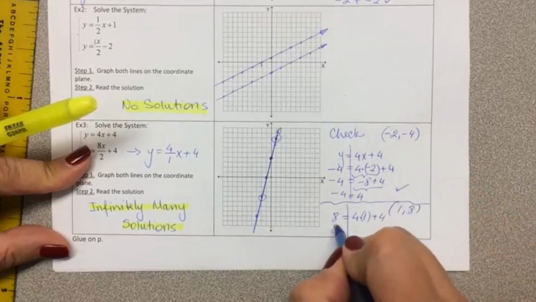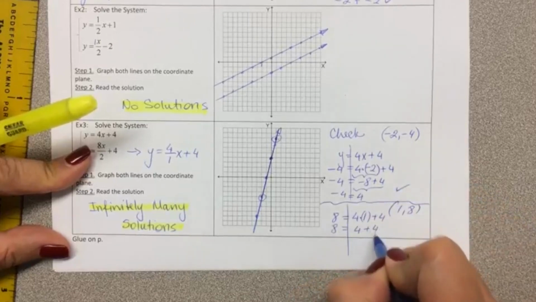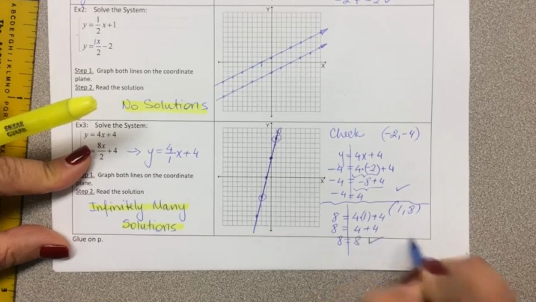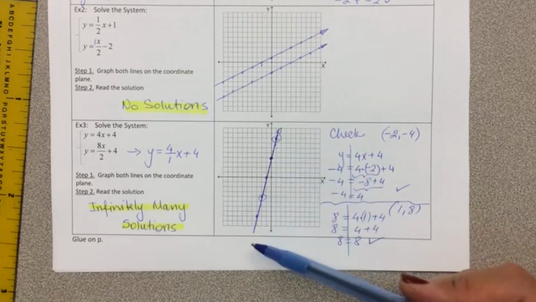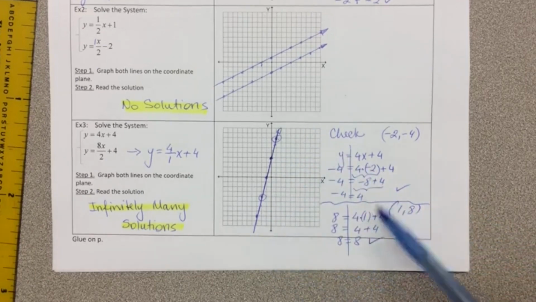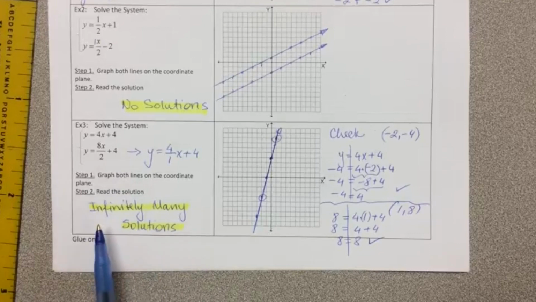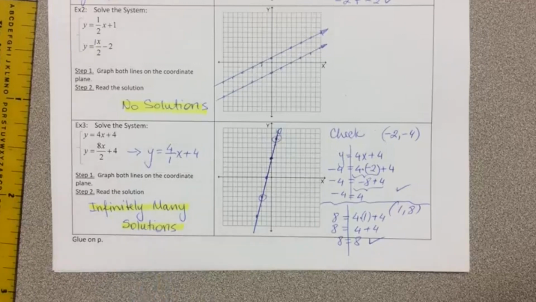So we substitute the x and y values, 4 plus 4. Again, a true statement. So every single point that I pick off these lines, because there are 2 lines here overlapping, will always make a true statement. So that's why we say that every single point, it's infinitely many solutions when the lines overlap.